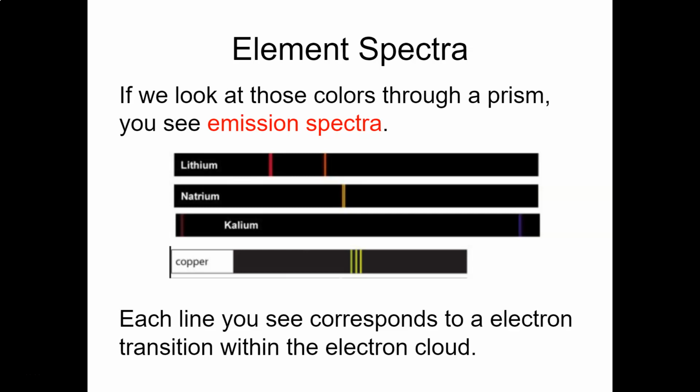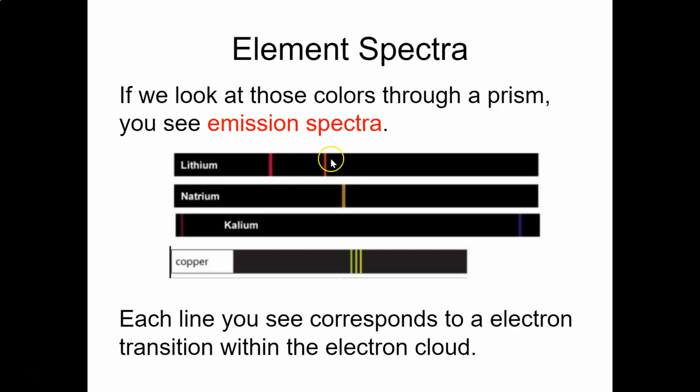If we were to look at those colors through a prism, what you would see is something called an emission spectrum. So in that last slide, we looked at lithium, sodium, potassium, and copper. Natrium is the name of sodium. That's where Na comes from. Kalium is the Latin name for potassium, which is where the K comes from.